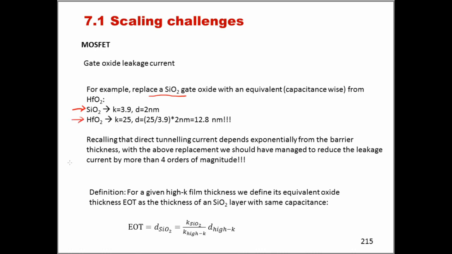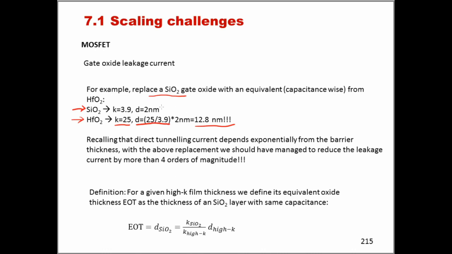When we replace it with hafnium dioxide, we recall that hafnium oxide has a dielectric constant nominally of 25. So the equivalent thickness of the hafnium dioxide film, from the point of view of the total capacitance, is 12.8 nanometers.